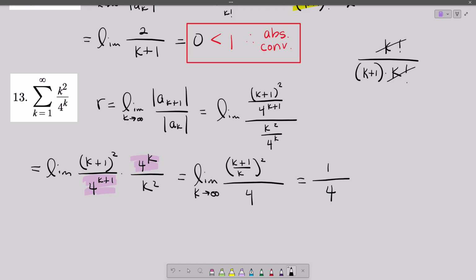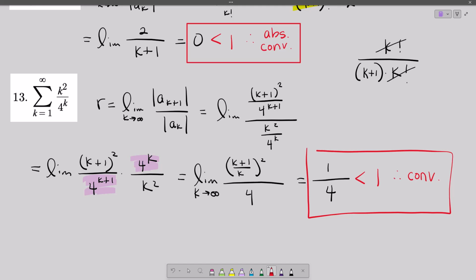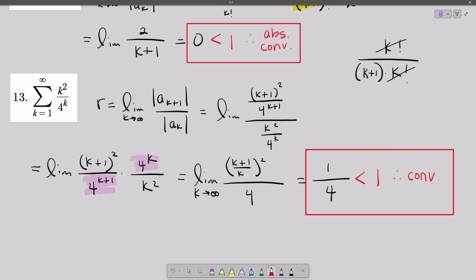And this is less than 1. Therefore, we have convergence. We don't need to say absolute convergence here because the series has only positive numbers in it. So same conclusion as the geometric series.